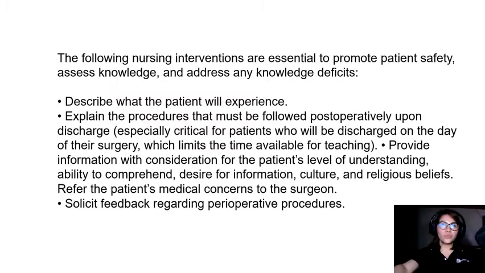You also need to describe what the patient will experience as well. Okay, so for example, ma'am, it may be cold in the operating room, but rest assured there is a warm blanket, a thermal blanket, to keep you comfortable as much as possible.